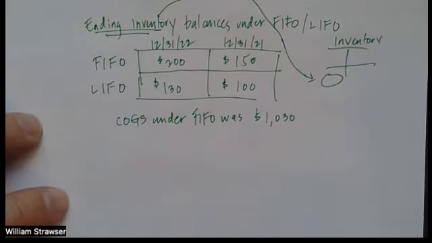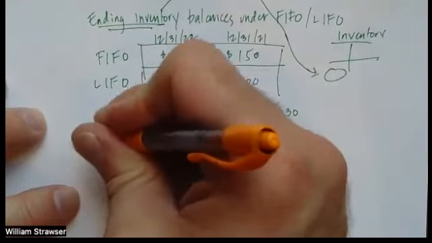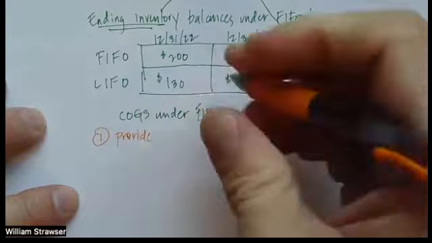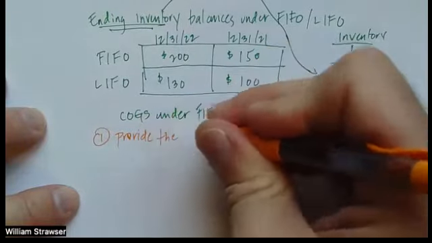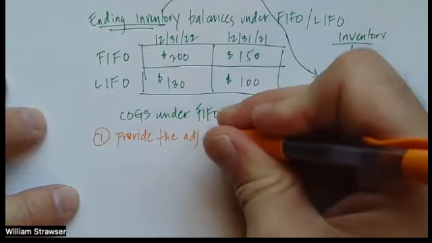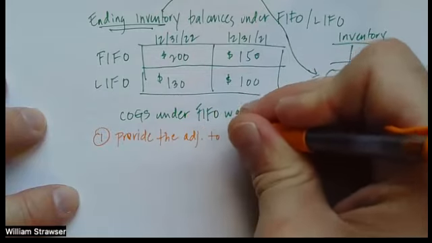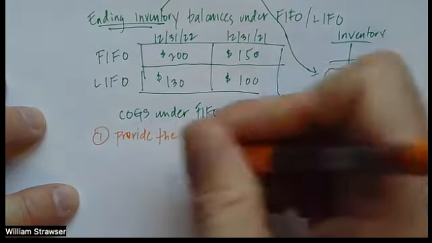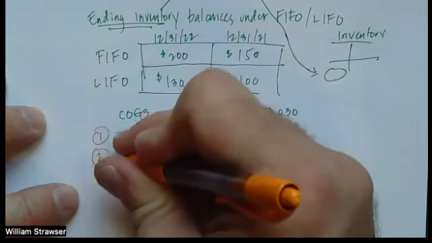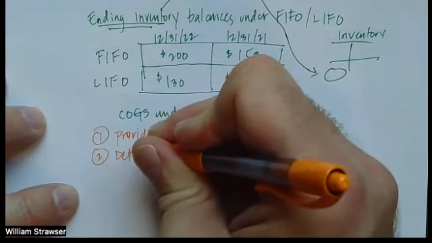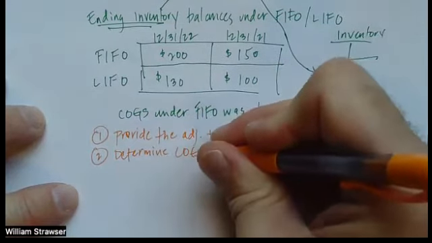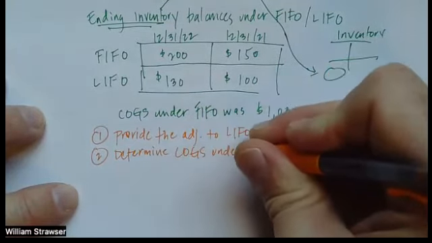And what I'm going to ask you to do is provide the adjustment to LIFO reserve and determine cost of goods sold under LIFO.